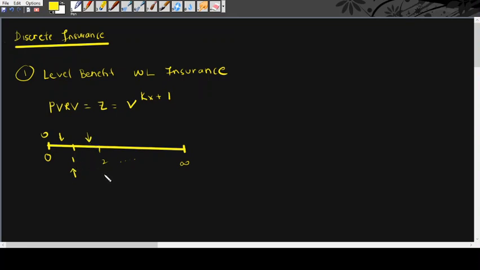Die somewhere here, payment will only be made here, and so on. If the policyholder dies between time k and k plus 1, the payment will only be made at time k plus 1. So, we are going to have the expected value of z equals the summation from k equals 0 up until infinity of v to the power of k plus 1 times k given q_x.